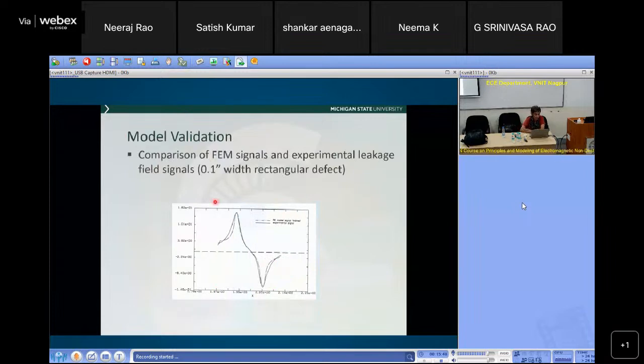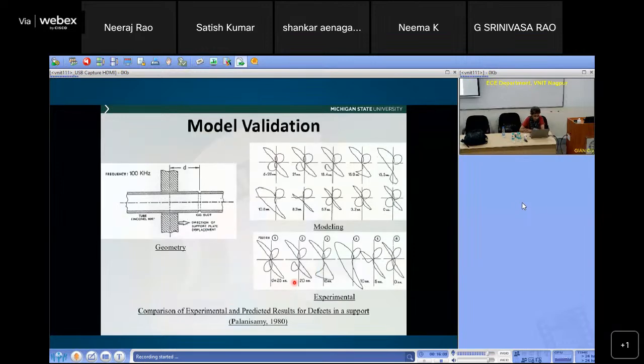And in fact, what we see here, this is again an important step when you do modeling, that is validation. So here we see a comparison of finite element signal with experimental flux leakage signal. If the comparison is this good, then the model is very valuable. Otherwise, it doesn't. Here's an example of model validation of experimental eddy current signals.